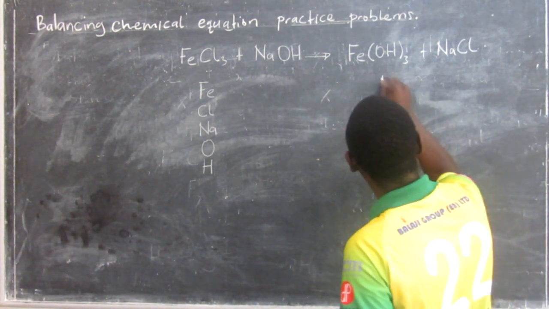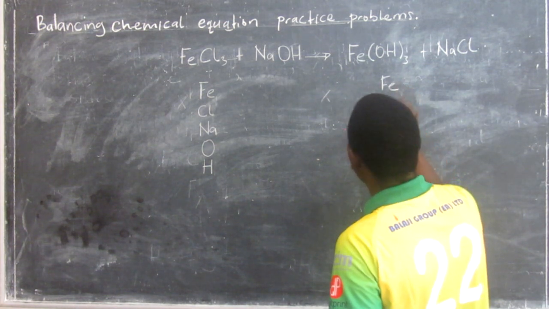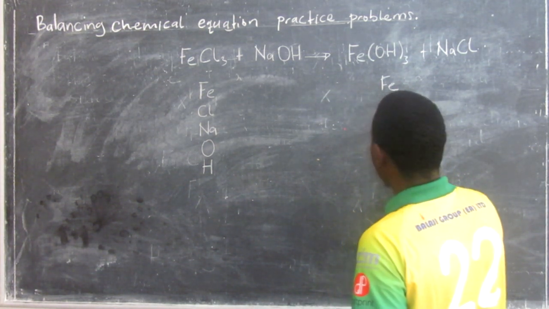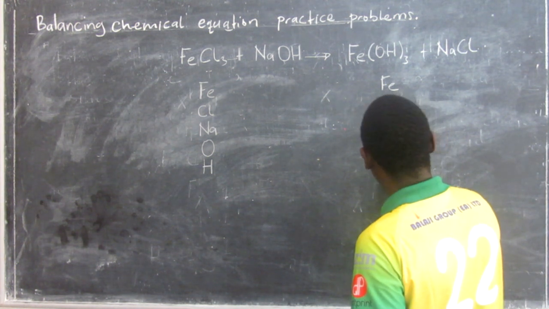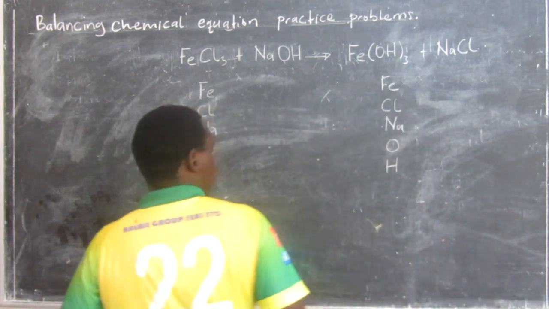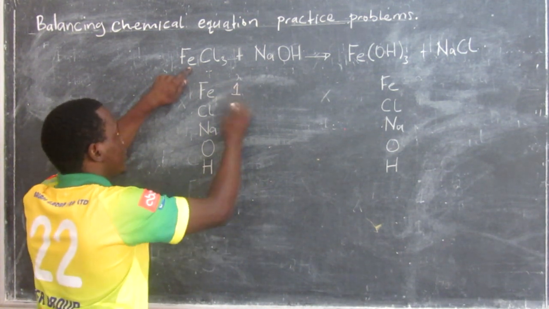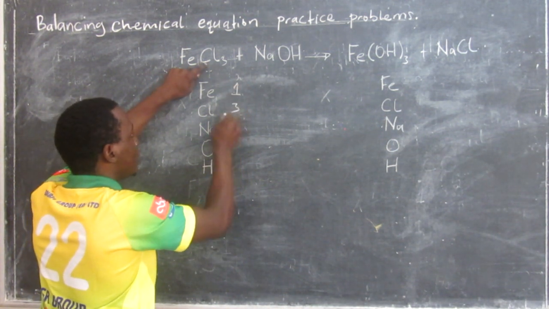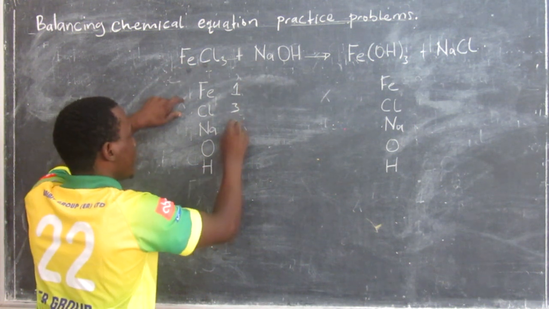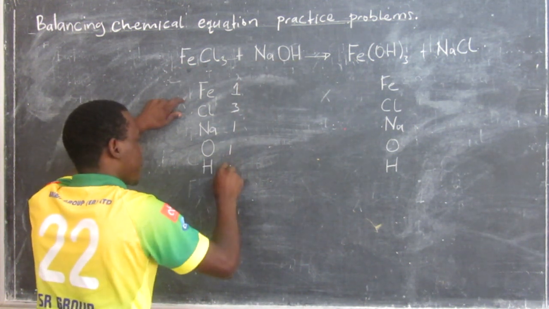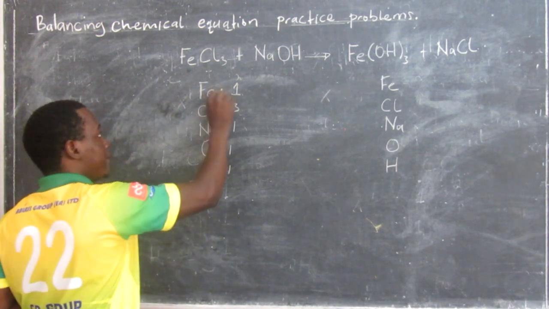We have iron, we have Cl, we have sodium, and so we have oxygen, and we have hydrogen. In this case, we have one iron, it is 1. We have 3 Cl, we have 1 sodium, we have 1 oxygen, we have 1 hydrogen. Is it okay?